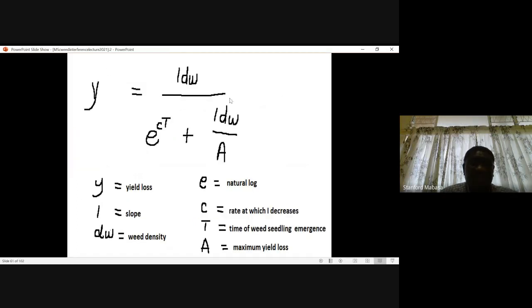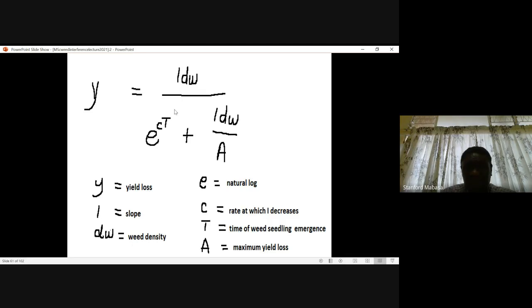The same equation, but here he substituted 1 with e. e is actually the natural log base, raised to the power of C times T. C is the rate at which I decreases, or at which the slope decreases.